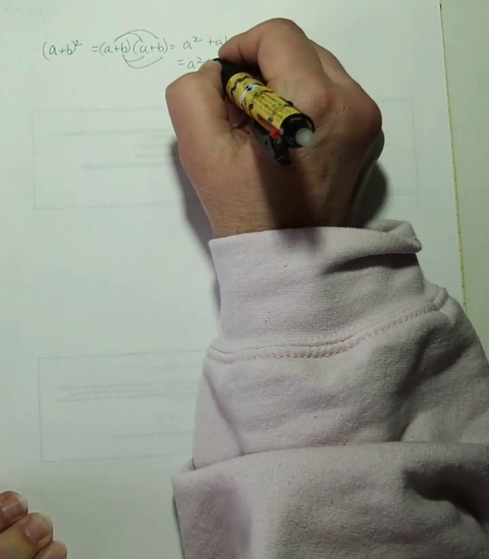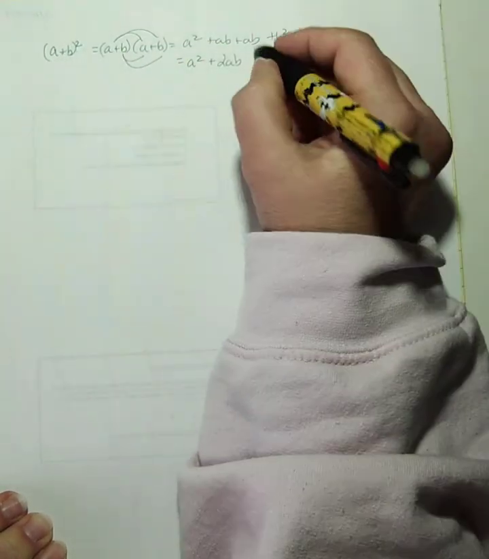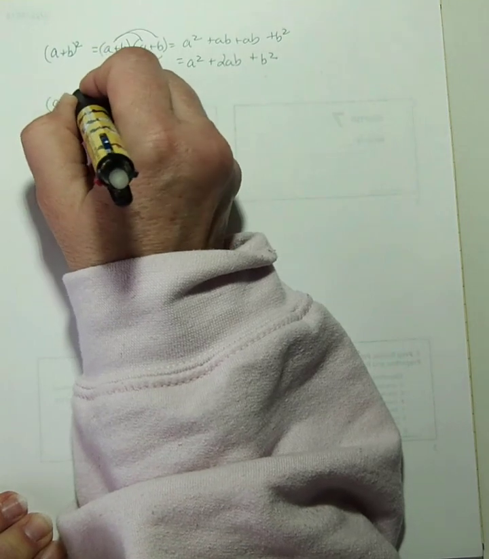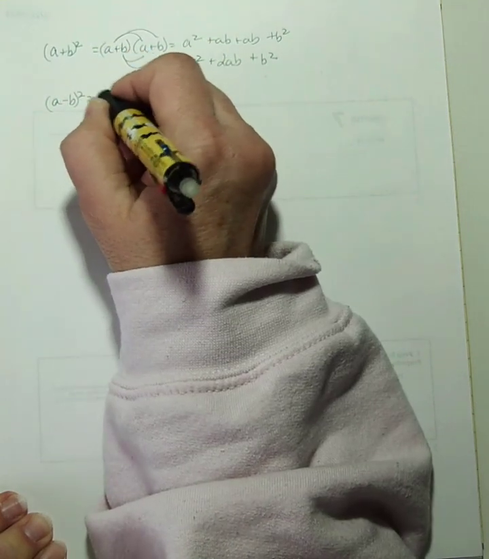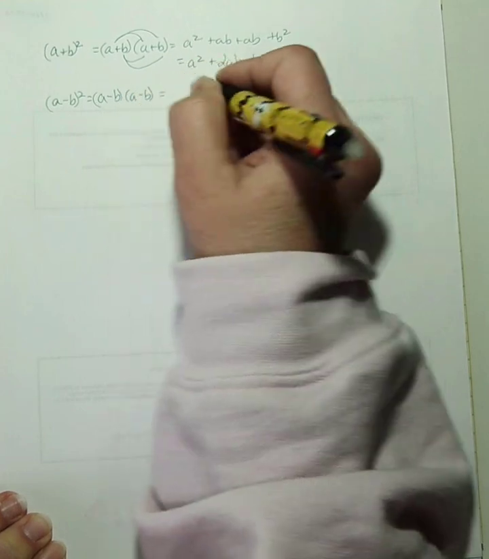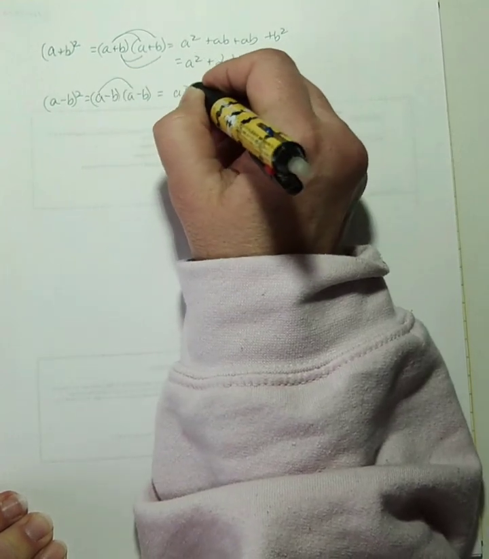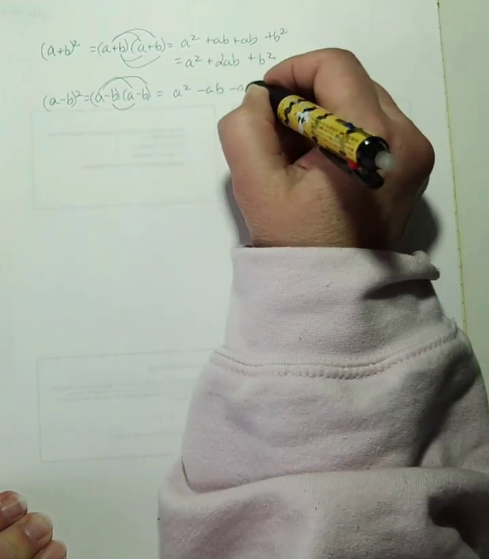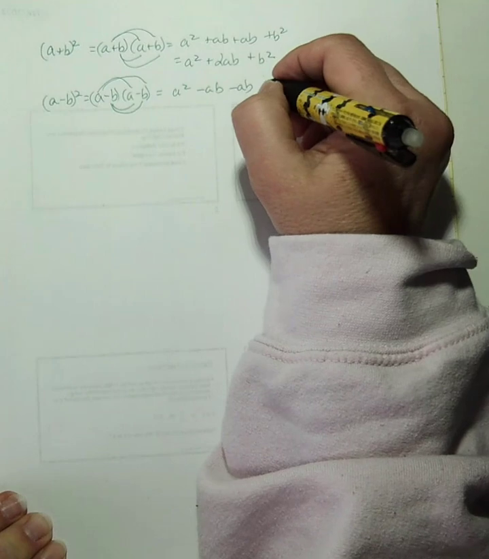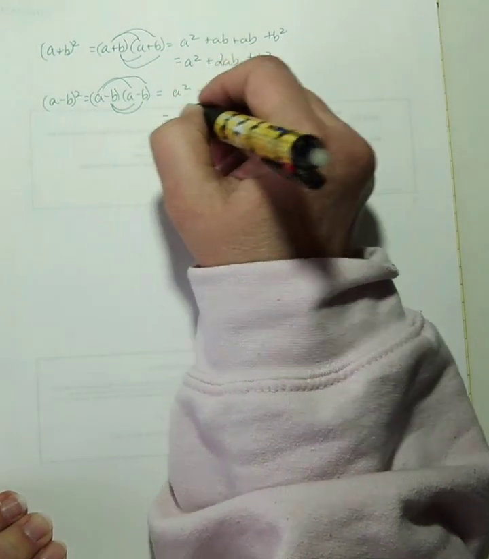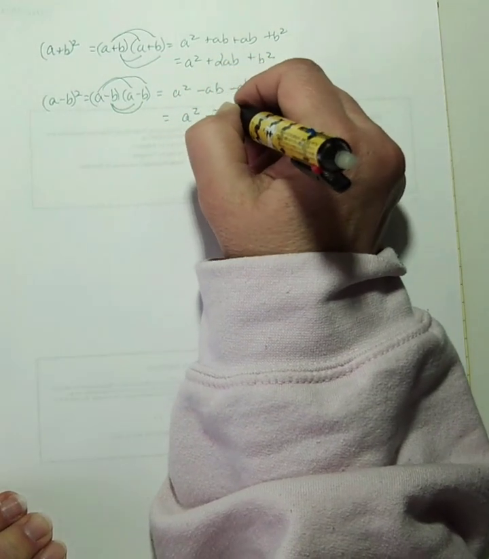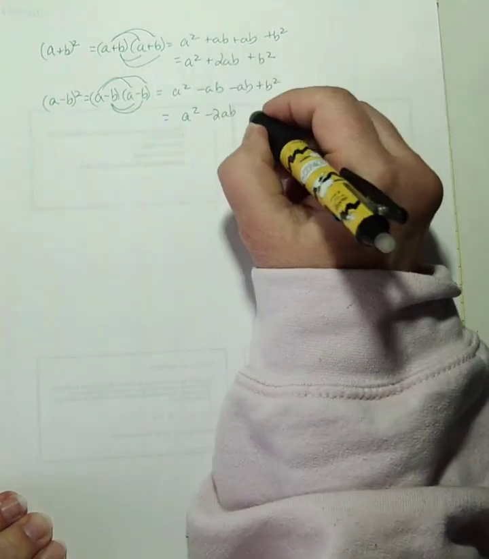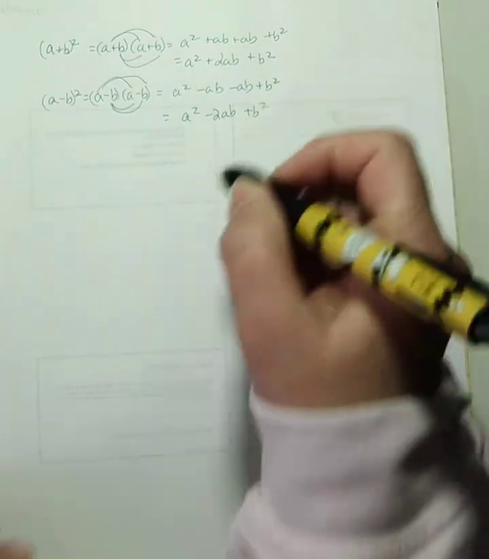We will always get 2 times the product of the numbers inside here. If I had a minus b squared, I'd have a squared minus ab minus ab. Negative b times negative b would give me a plus b squared. So I'd end up with a squared minus twice the product inside of there plus b squared.